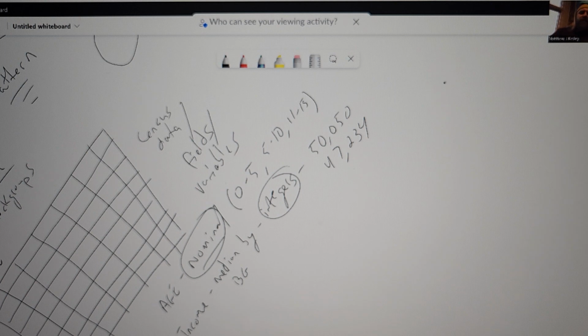You may have percentages. So we might have, say, percent under the poverty line. Okay, so that would be a percentage, right? Which would be like a 0.51. That's really high. A 0.03, and so on.